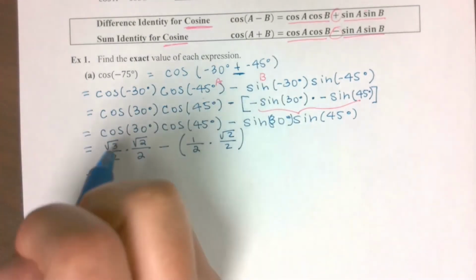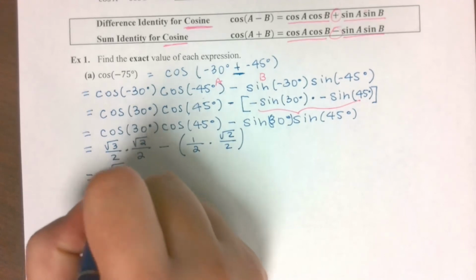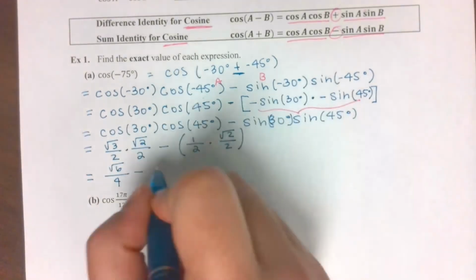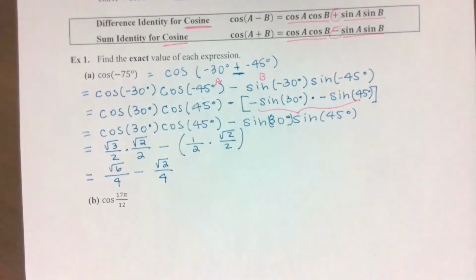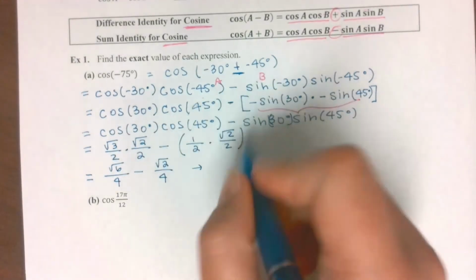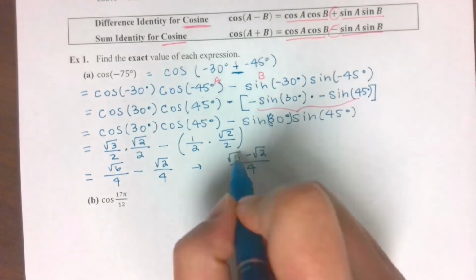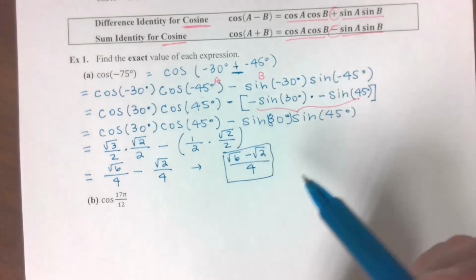This gives me square root of 3 times square root of 2, square root of 6, and 2 times 2 is 4, minus square root of 2 over 4. That's the same thing as square root of 6 minus square root of 2 over 4. This would be your answer. You can't simplify anything further than that.